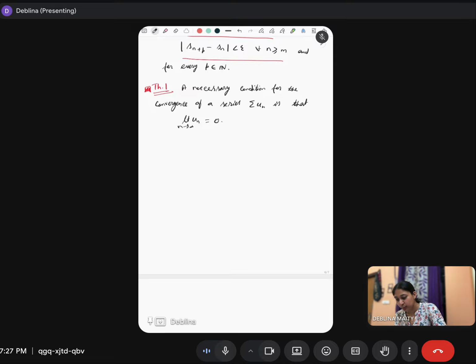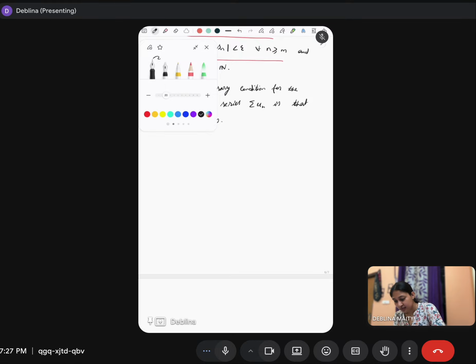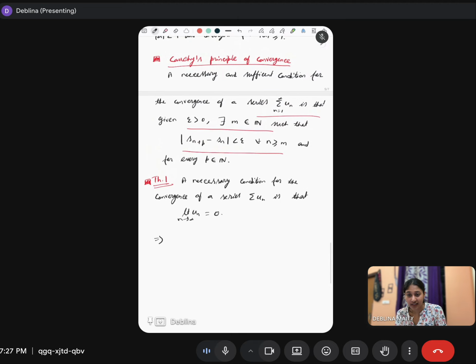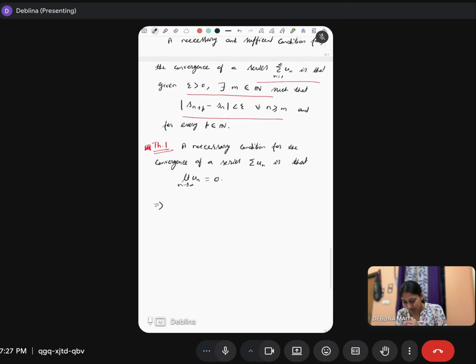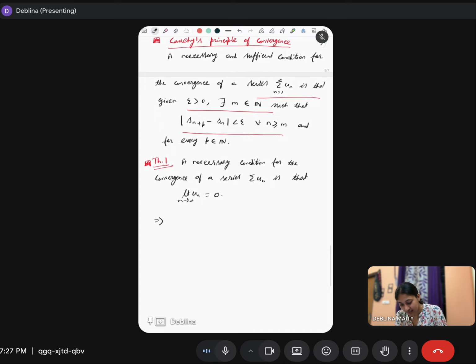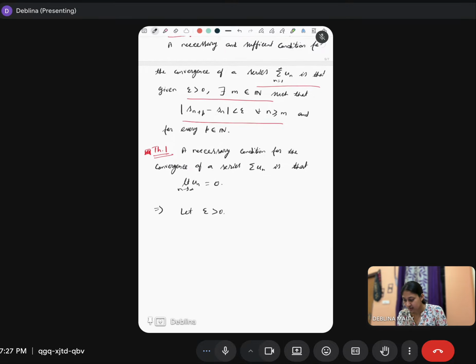So we are going to prove this theorem. This is a simple proof using this Cauchy criteria. Right? So we'll use Cauchy's principle. So first we have to take epsilon. So let epsilon be any epsilon greater than 0.